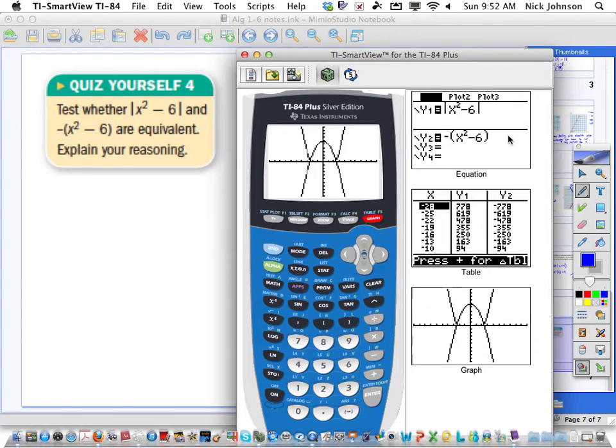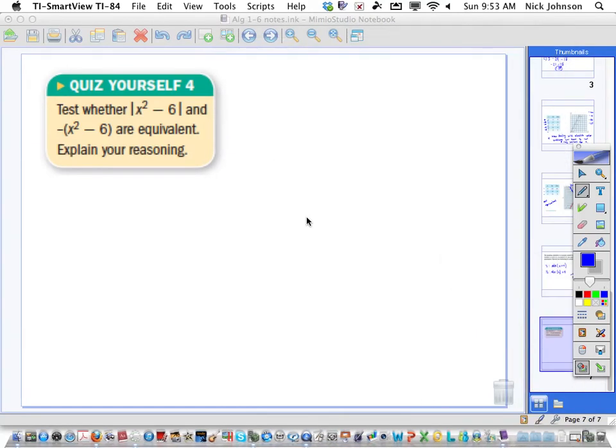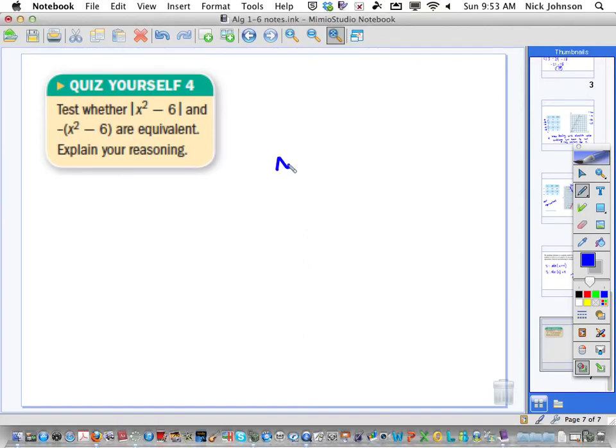But from here out and from here out, those functions are not the same. Therefore, those expressions are not equivalent. Graphs are different.